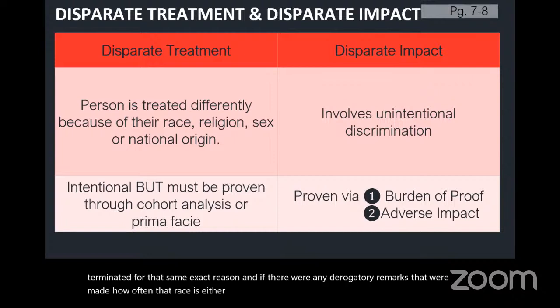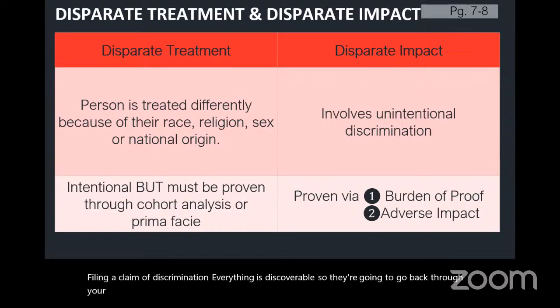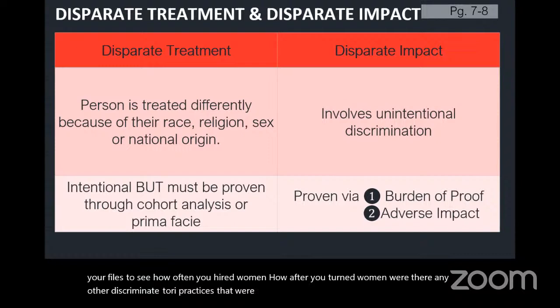If you think about the EEOC and filing a claim of discrimination, everything is discoverable. So they're going to go back through your files to see how often you hired women, how often you termed women. Were there any other discriminatory practices that were used? We're going to go through files.